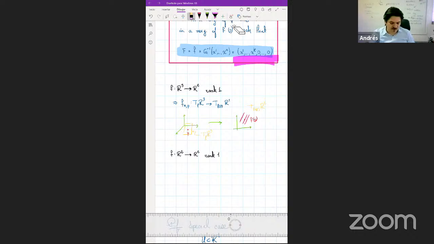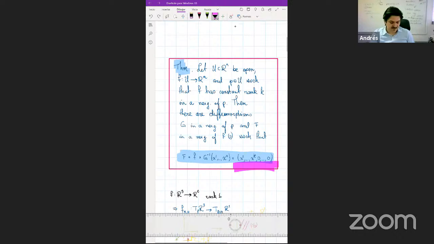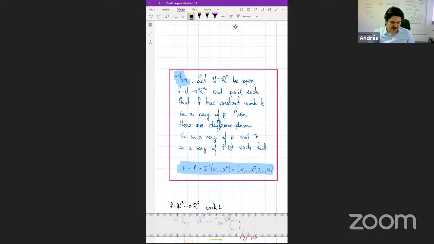So actually, the result that we're going to prove, we're going to consider this particular space. So I have a point such that the smooth function f has constant rank.